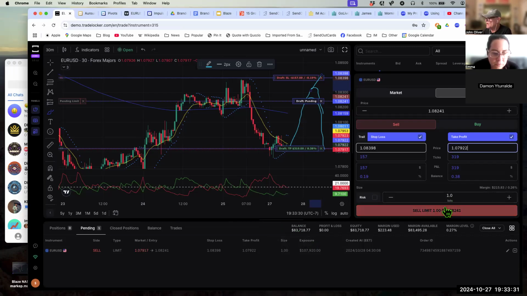But just for grins, I'm at a standard lot size. So if that hits, I'm going to risk $157 over here where the stop loss is, and I'm going to stand to gain $319. Okay.